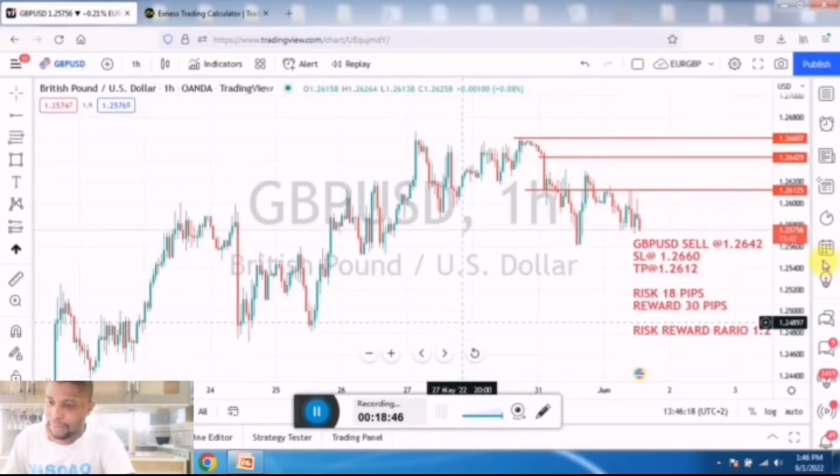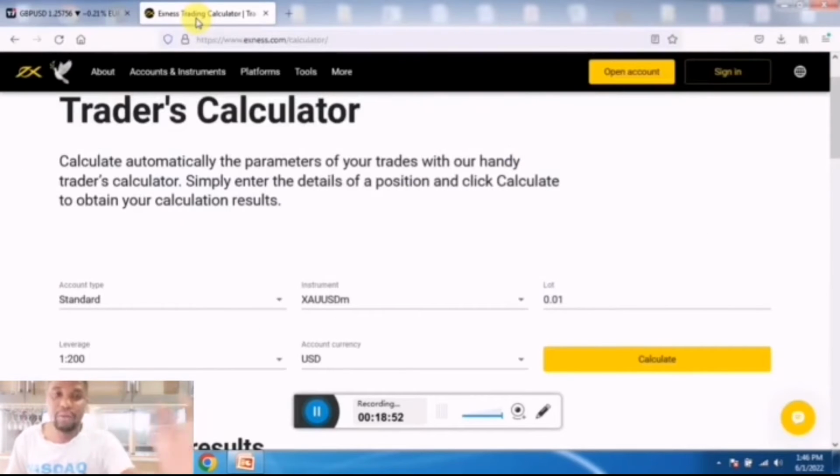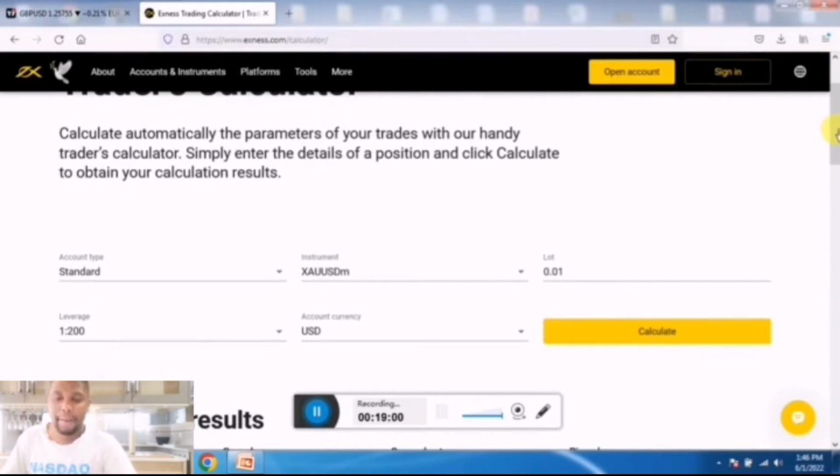But now let us calculate the pip value itself. There are so many calculators out there. I'm just going to make an example with this one, because I use this broker a lot. I've been using it for quite some time.